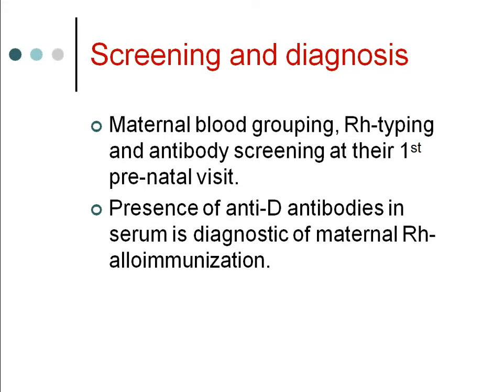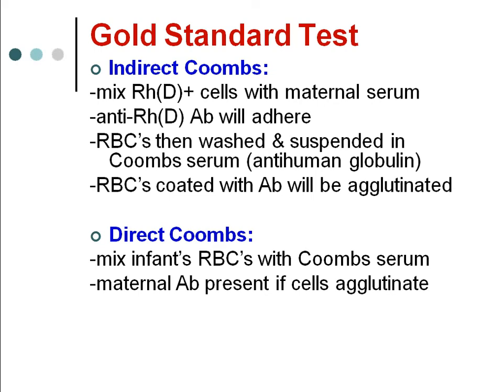First you find out the blood group of the mother, then the blood group of the father, and if it is positive, then you ask for an indirect Coombs test. So what are the investigations you are going to do for such a thing? The gold standard in such a patient is the indirect Coombs test.